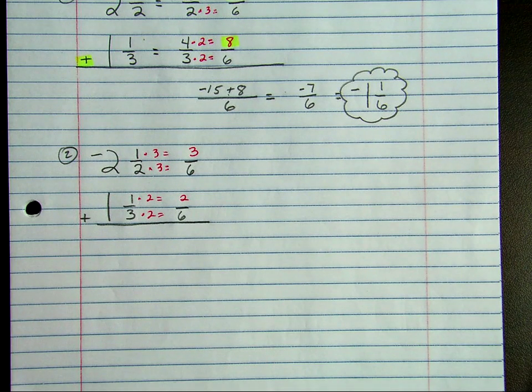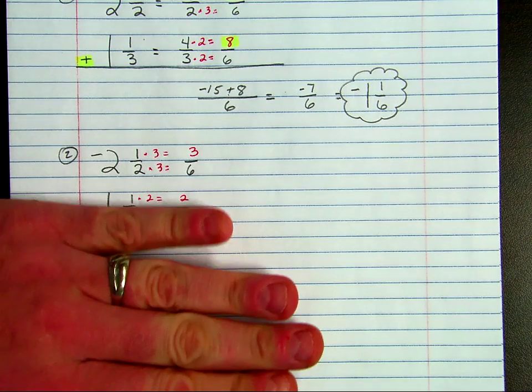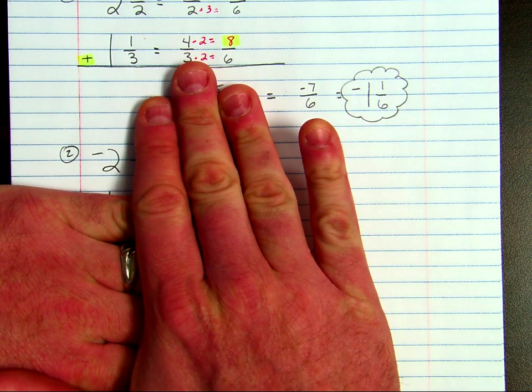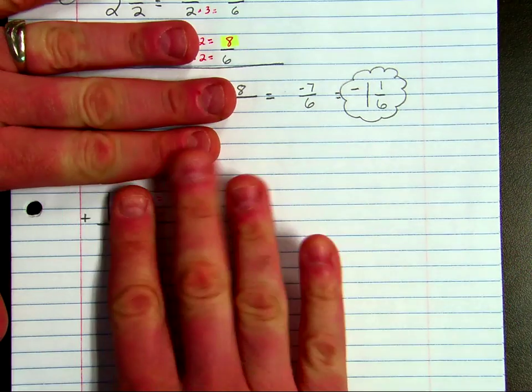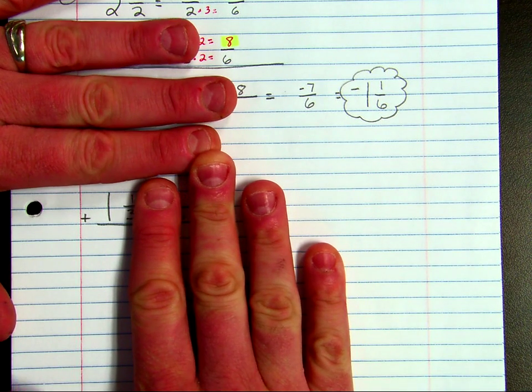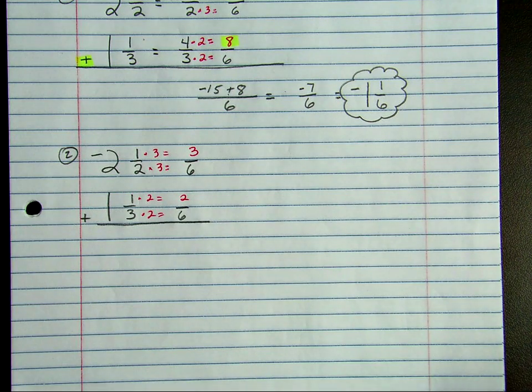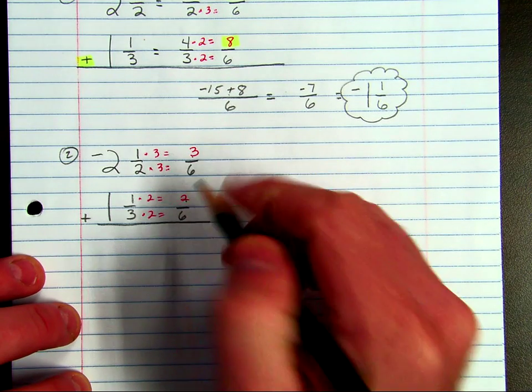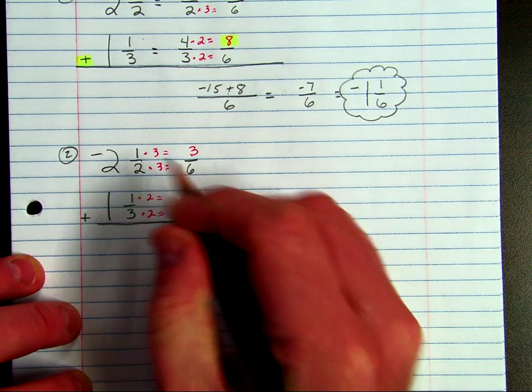But you need to stop and ask yourself, are the signs the same or are the signs different? Is the 2 positive or is the 2 negative? Negative. Is the 1 positive or is the 1 negative? Positive. So are the signs the same or are the signs different? What do we do when the signs are different? We subtract. What's 3 minus 2? What's negative 2 plus 1?